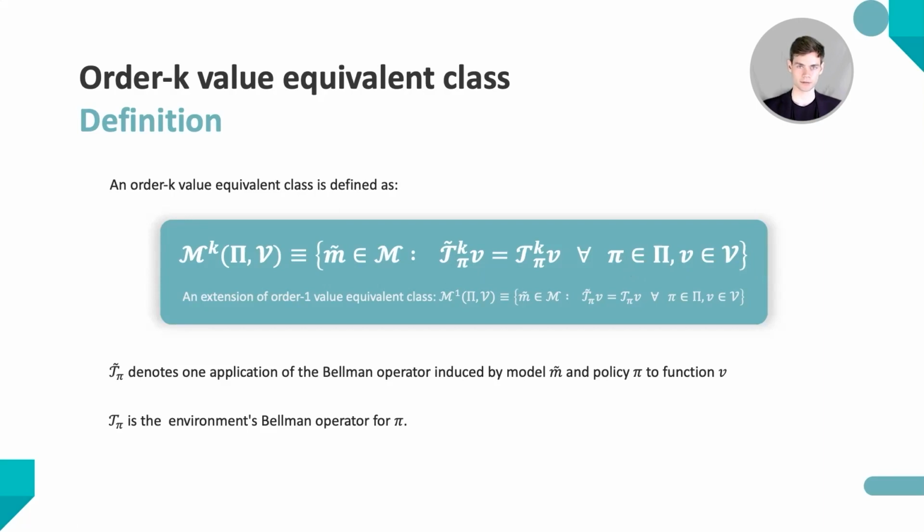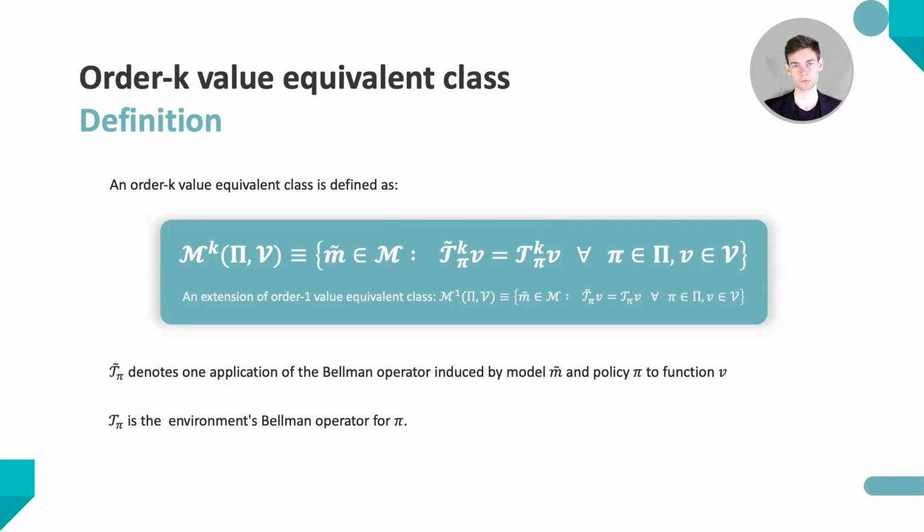Now, the extension that we're considering here, which will ultimately take us to proper value equivalence, is with this K. So we allow for an adjustment of where these two actually need to coincide. So let's assume K is 3. You could have differences for the first two applications of the Bellman operator, but on the third one, they need to converge to the same expectation value.